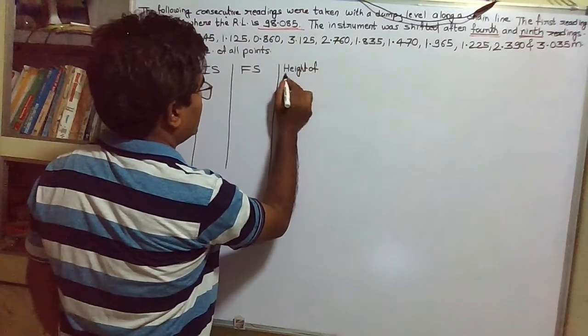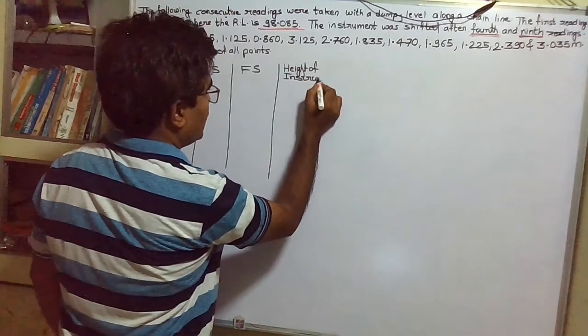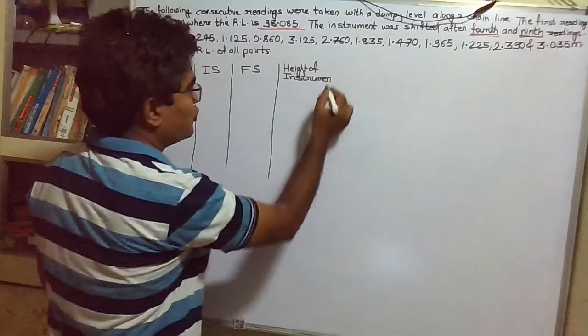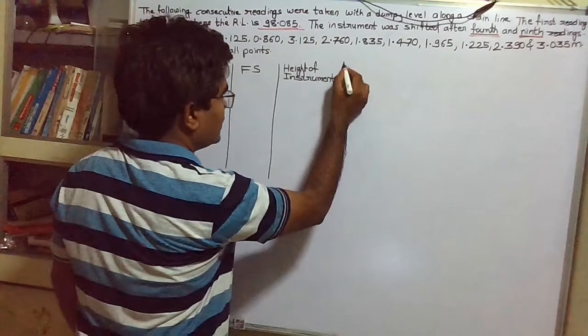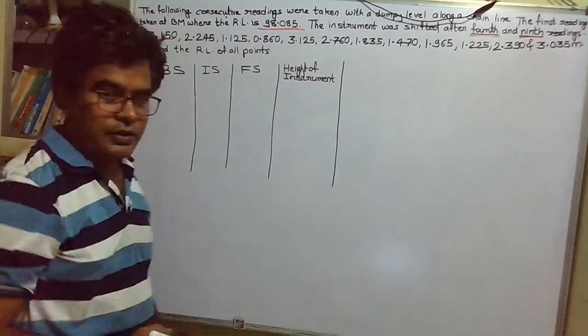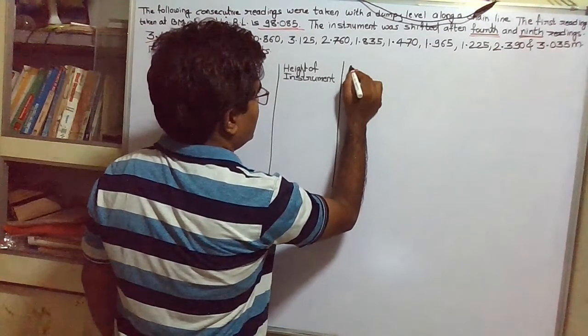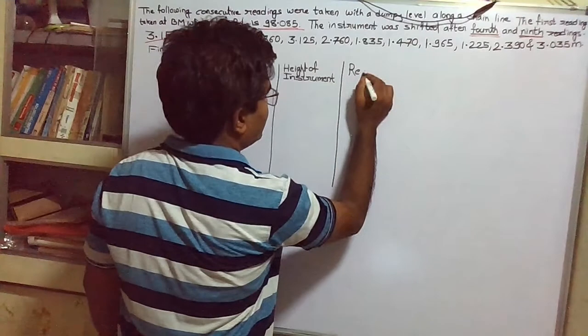Height of instrument is nothing but RL of line of collimation. Next column will be the reduced level.